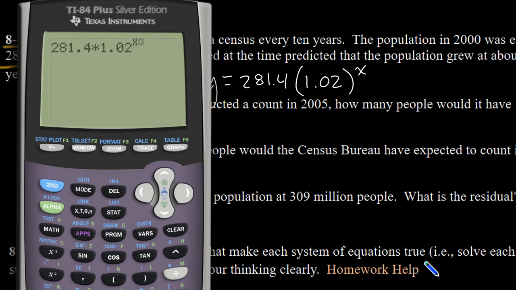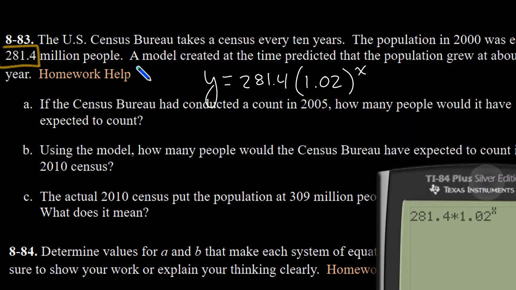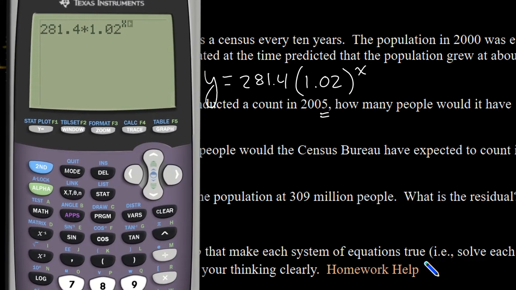So there we go. Except instead of x, if I want to know what it says in 2005, well, 2005 is 5 years past 2000. So remember, my definition of x is how many years past the year 2000. So I'm going to plug in that x is the number 5.